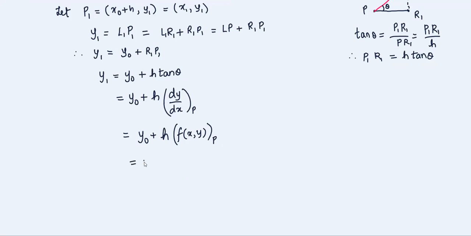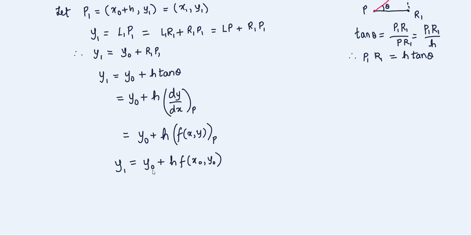So we get y0 plus h times f(x0, y0). So y1 is y0 plus h times f(x0, y0). This is the iteration step.